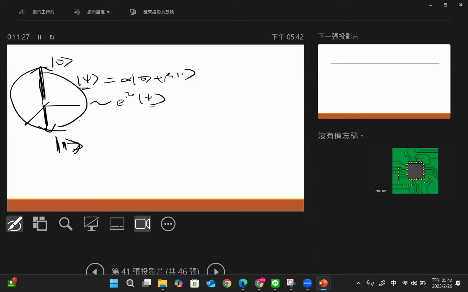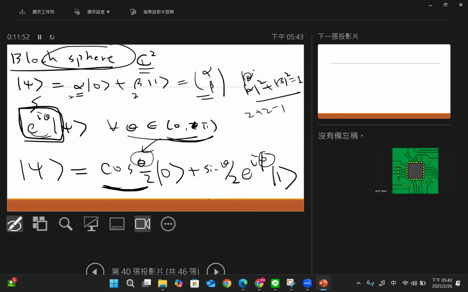Because now you can view a single qubit on the sphere. But this is not so useful, because if you have multiple qubits, then it will be very difficult to plot. The topology of multiple qubits is not a sphere, and it's not easy to describe. So the Bloch sphere is good for illustration, but not so useful.